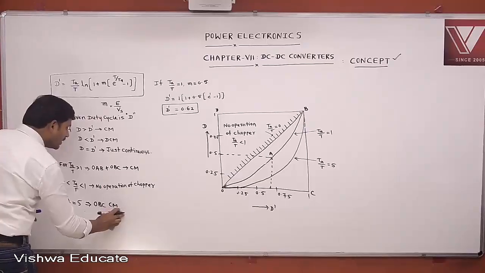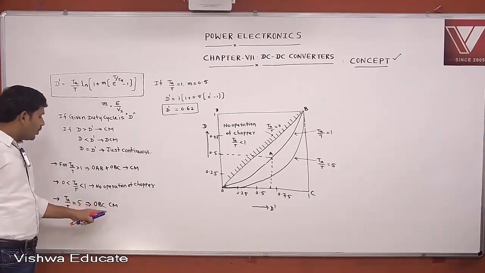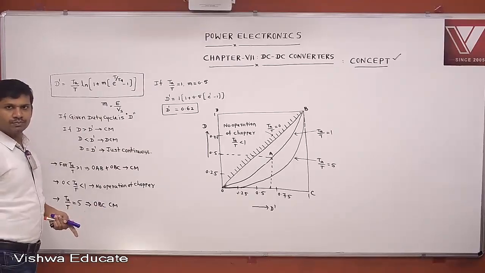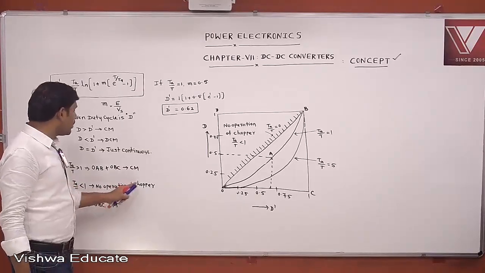But for 0 less than TA by T less than 1, there is no operation of the chopper.